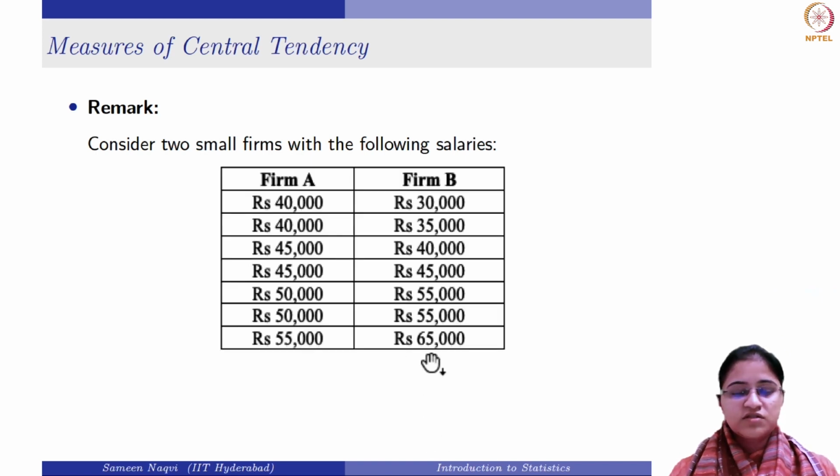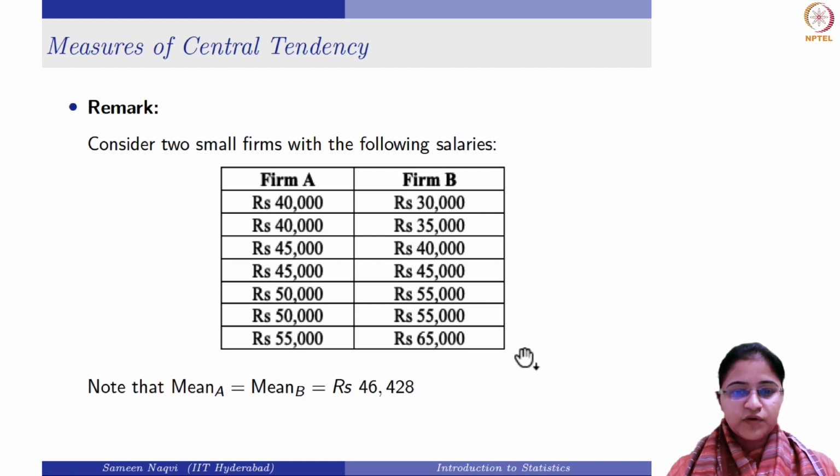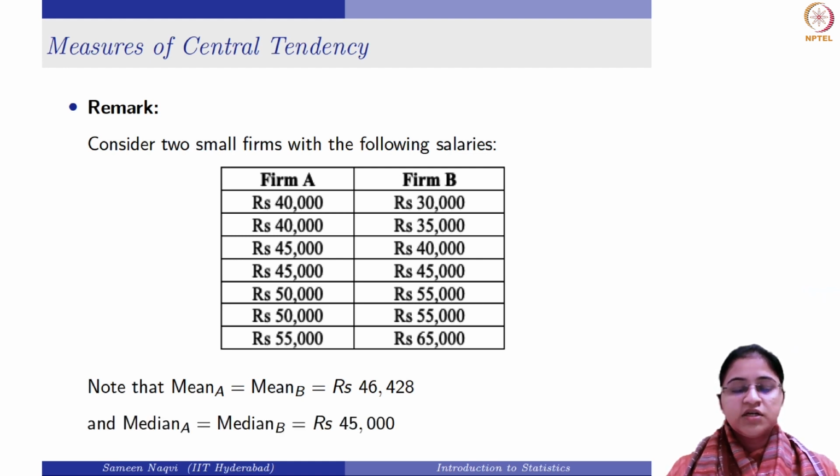If you see these salaries and calculate the mean over here, you will find that the means for the two firms are the same. So the average salary of the two firms is the same, that is 46,428, and the median salary also for both of them is 45,000, because 45 is the mid value over here.